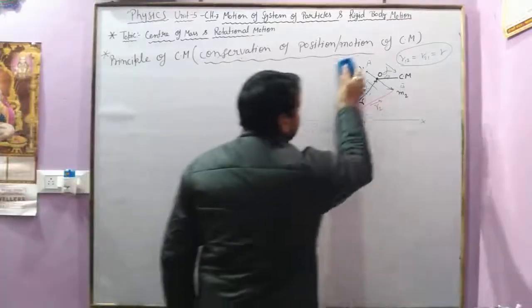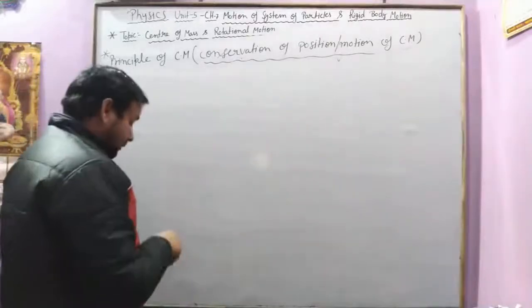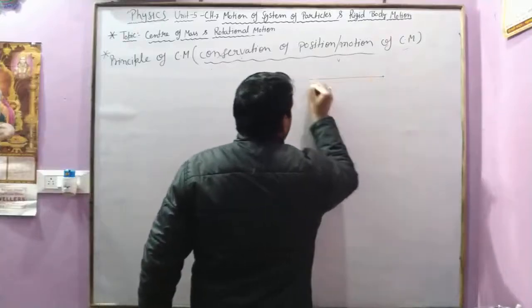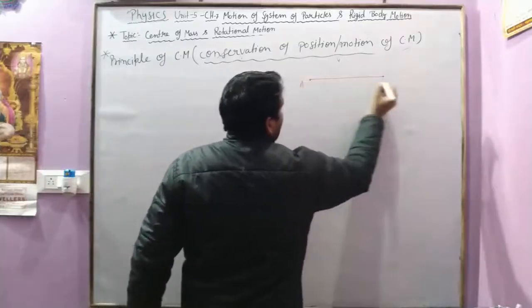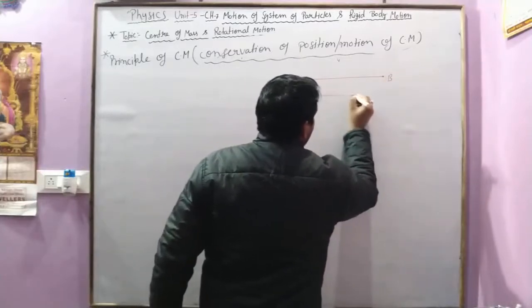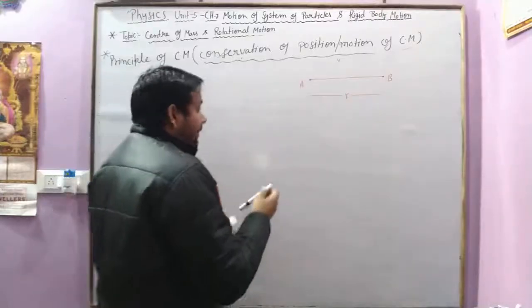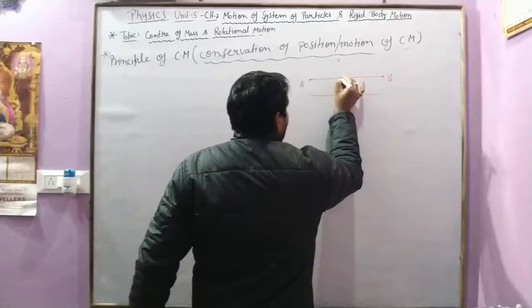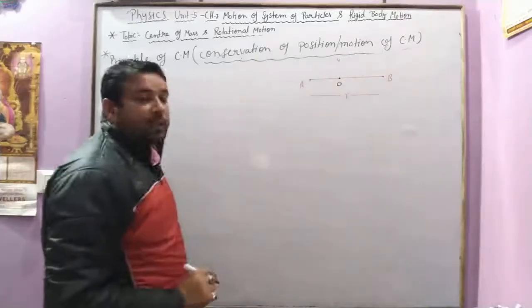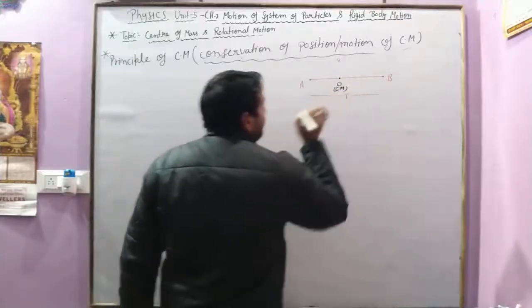Now two points separated by a distance r, and there is a point in between A and B, say O, the location of center of mass.